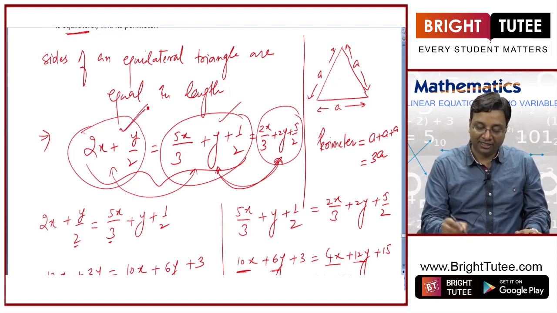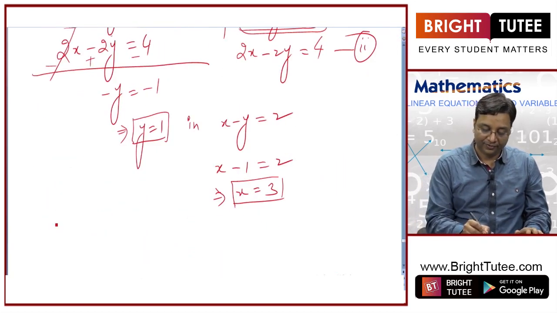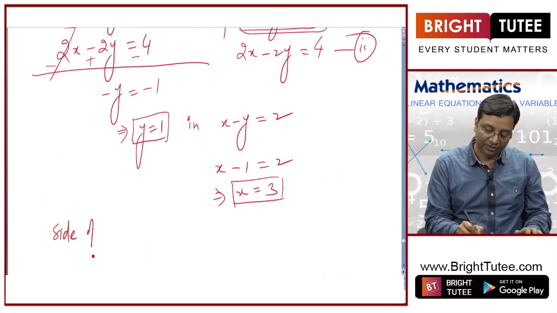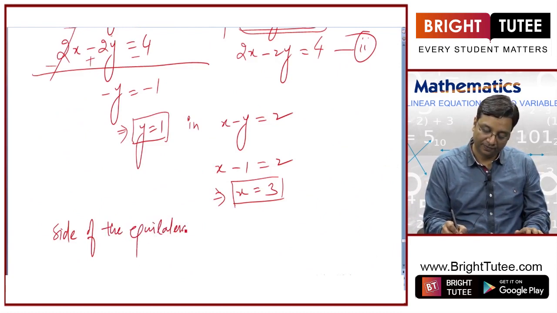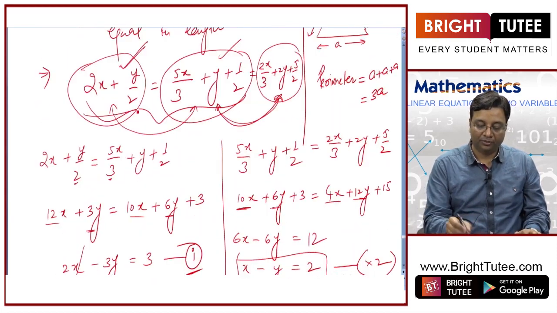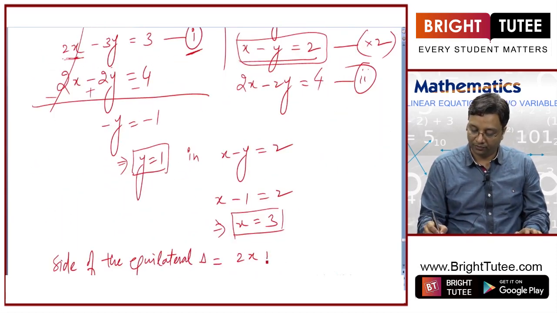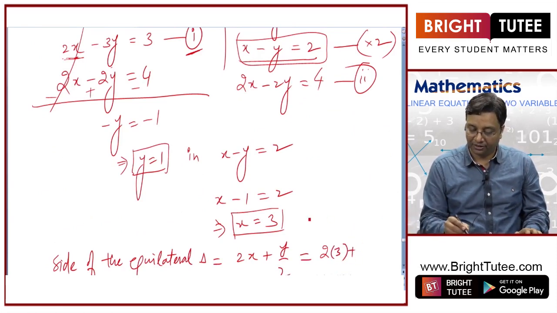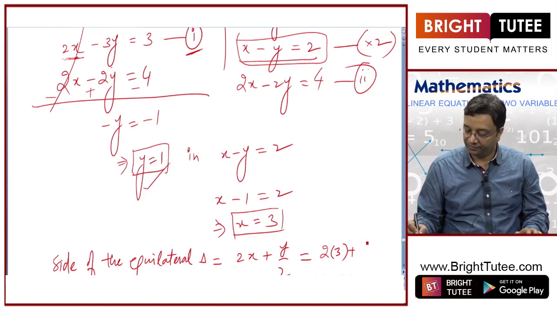So I will put x and y in this. The side of the equilateral triangle is equal to 2x plus y by 2. So x is 3. What is y? y is 1.